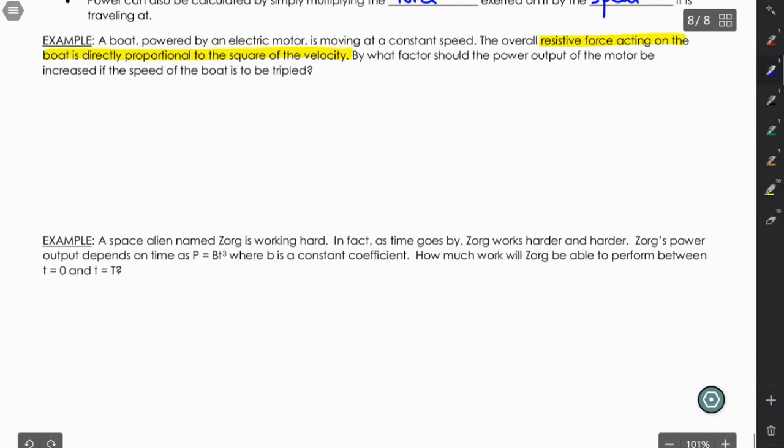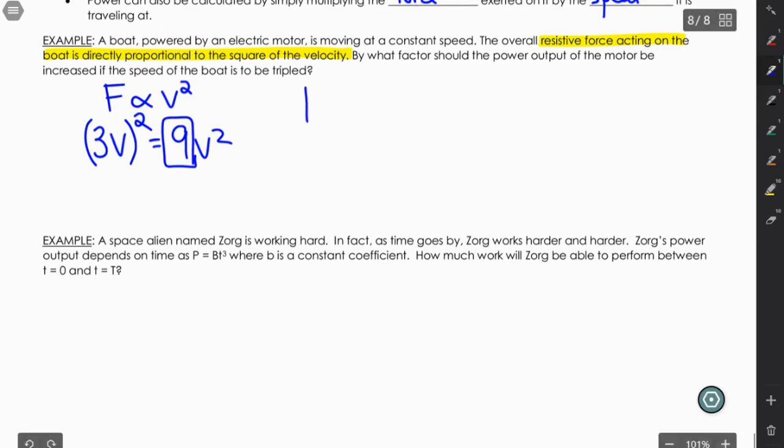So what is that saying? That means the force that I have to apply to overcome it has to be the square of the velocity, right? And so what does that mean? In this situation, we are going to triple the speed, right? And so what does that do to my force? Well, that means I have to change my force by a factor of 9.